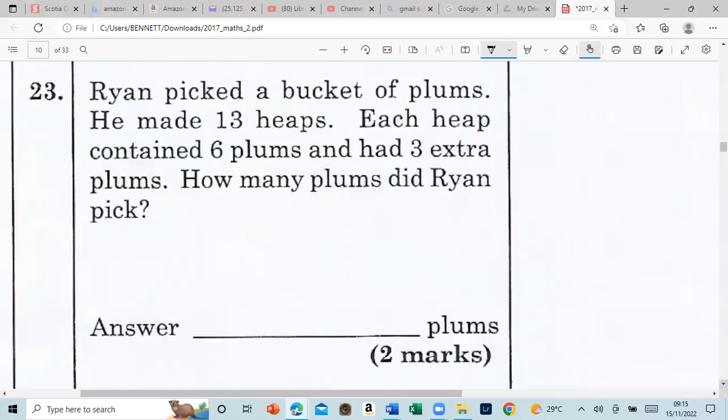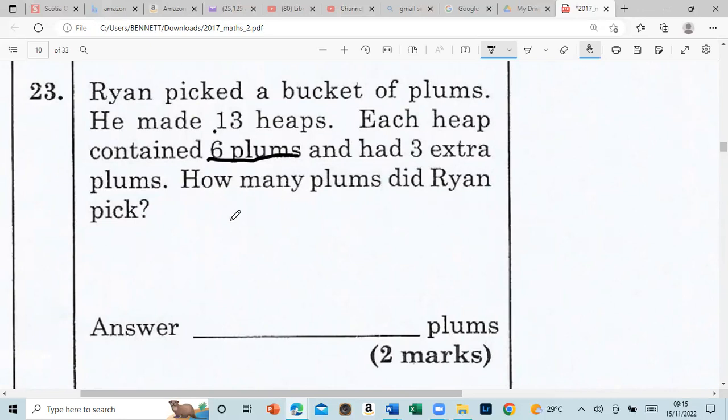Alright, 23 says, Ryan picked a bucket of plums. He made 13 heaps. Each heap contained 6 plums. And he had 3 extra plums. How many plums did Ryan have? Alright? So he has 13 groups, and in each of the 13 groups he had 6 plums.